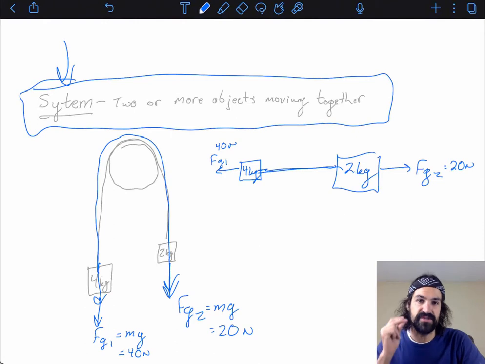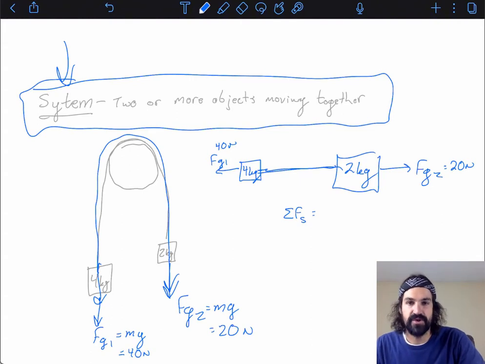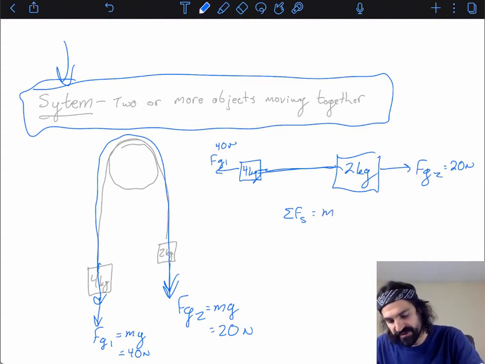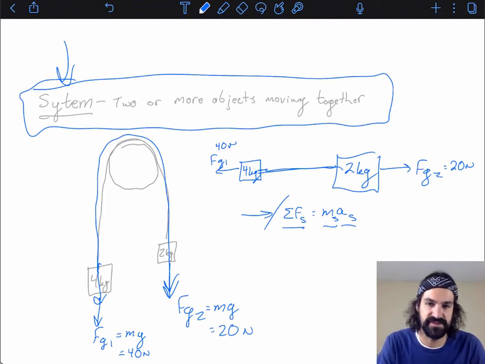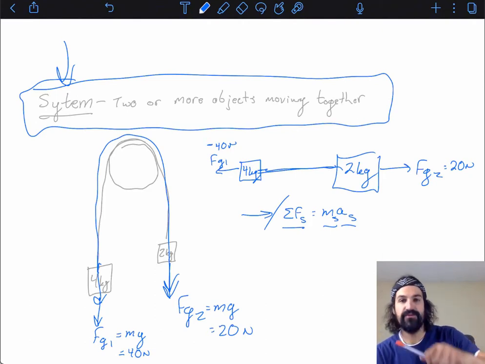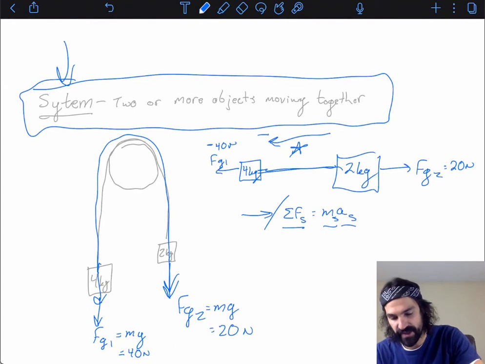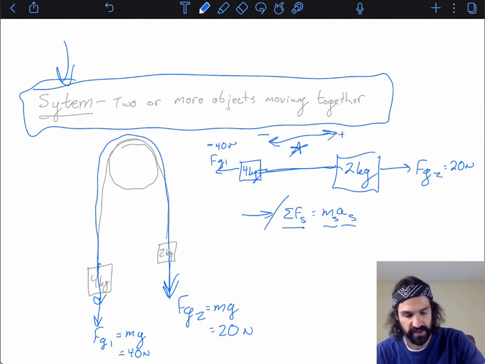And right there you can see right off the jump the net force for this system, and we're always going to start with F = ma. Net force is mass times acceleration, except it's all for the system. So net force of the system is mass of the system times acceleration of the system. In this case, we'll treat any force that's counterclockwise, or if you're looking up here, any force to the left, as negative and any force to the right as positive.